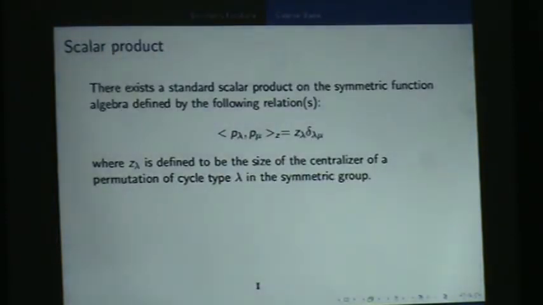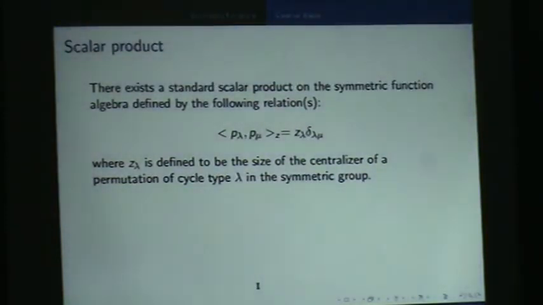There's also a scalar product between symmetric functions, and it's defined by the following relations for the power sum symmetric functions. The scalar product between a power sum symmetric function p sub lambda and p sub mu is defined to be c sub lambda, which I'll talk about later, times the Kronecker delta of lambda and mu.